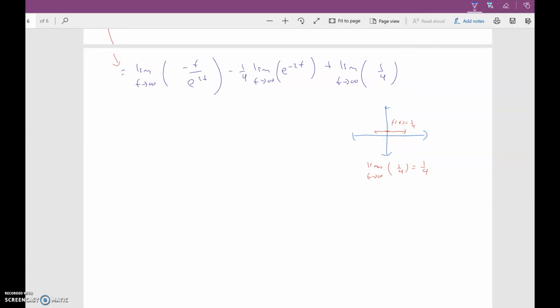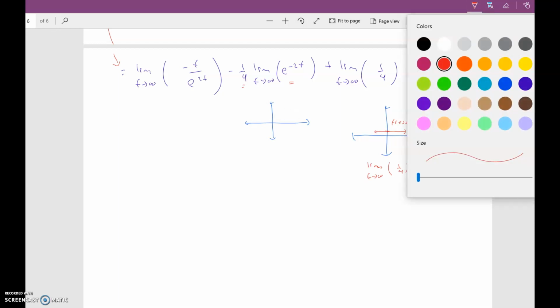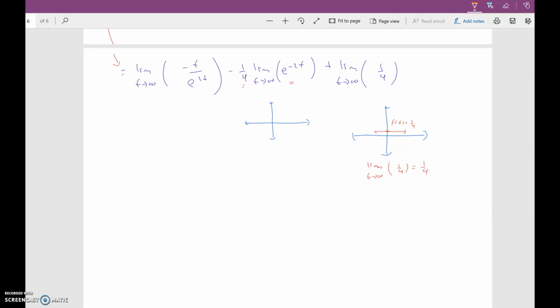The next one, in terms of easy to evaluate, and I'm looking at, in this case, let me express it as the function of 1/4 e to the negative 2t. So e to the t is coming in this direction. E to the negative is going to come in this direction because of the negative. Your e function, it's going to come in from this direction.